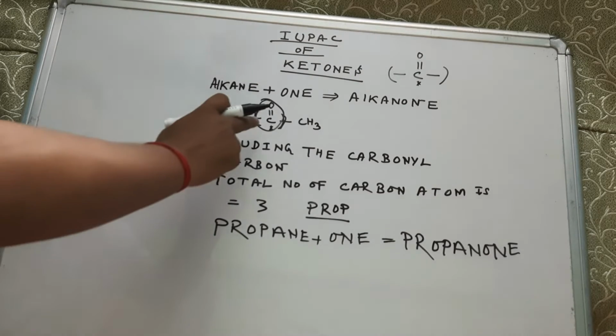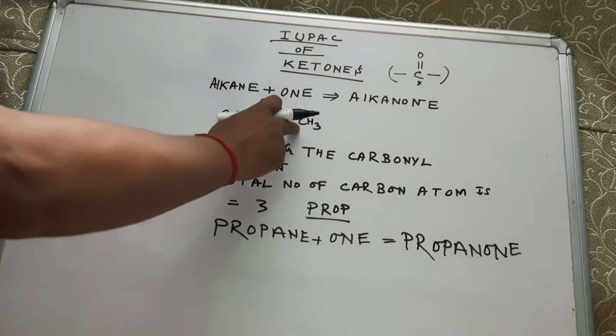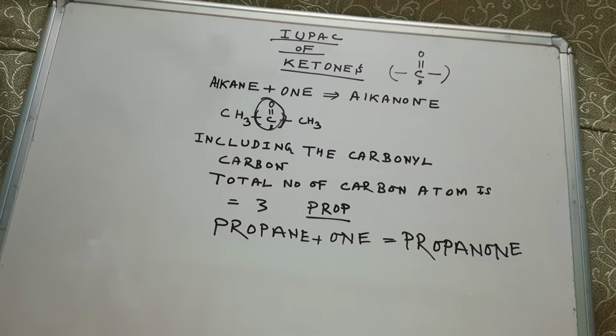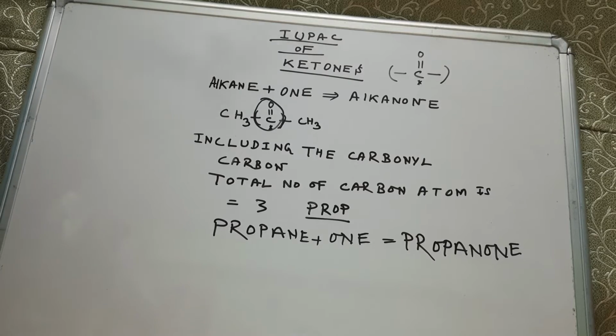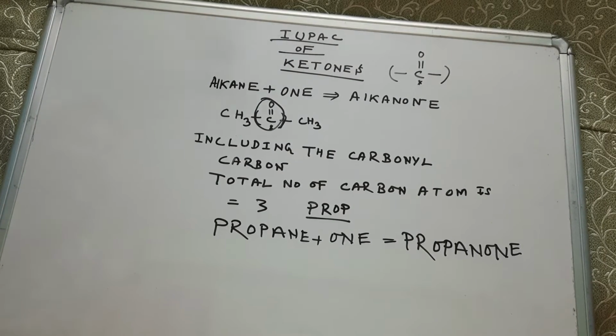The two sides of the keto carbon atom are attached with a methyl group. That means it is a symmetric ketone. So here the question of numbering the carbon atom does not arise.